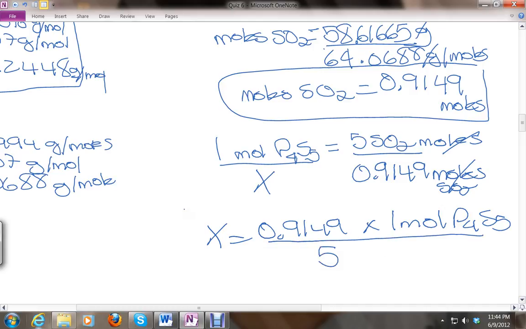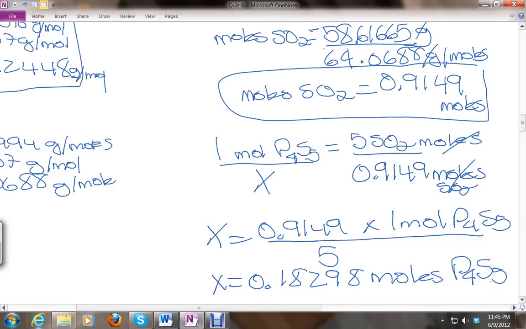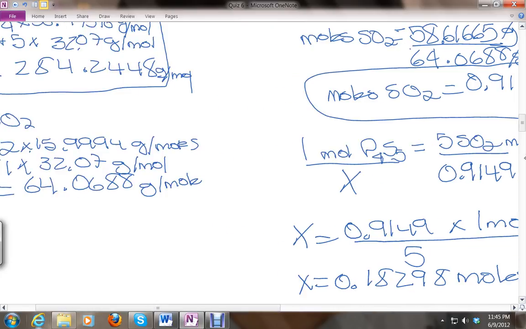And this is going to be 0.18298 moles of tetraphosphorus pentasulfide. Now, this is moles and they're asking for grams.